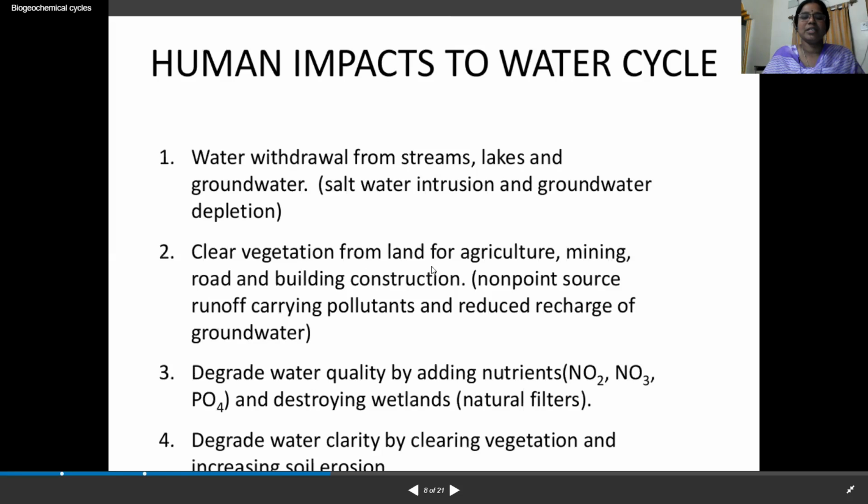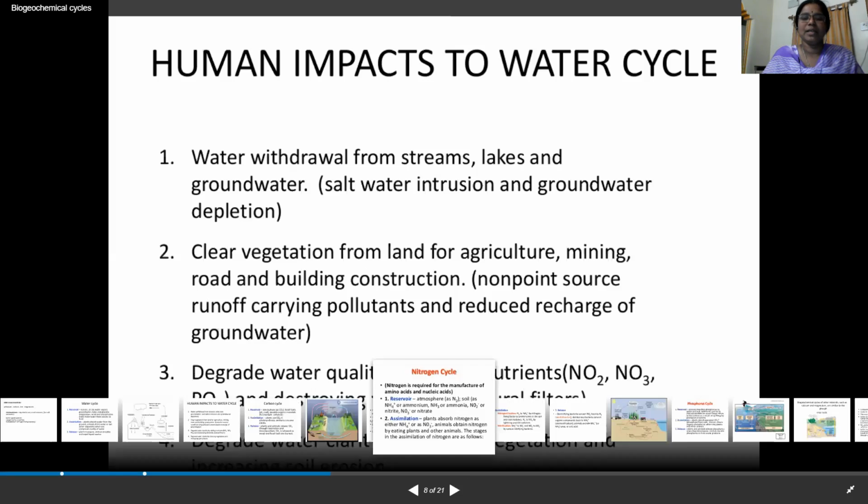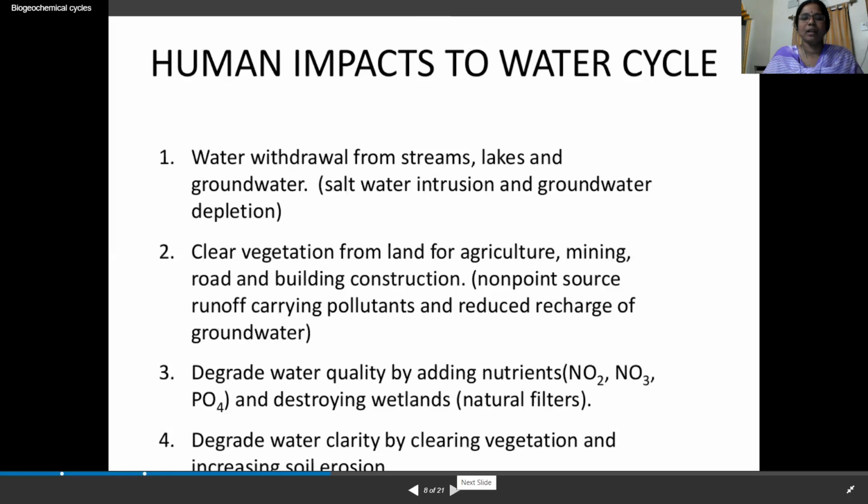Next, clearing vegetation from land for agriculture, mining, road and building construction. Non-point source runoff carrying pollutants and reducing recharge of groundwater. As we consume and utilize water, in the same proportion we are not recharging. Hence there will be depletion of groundwater.